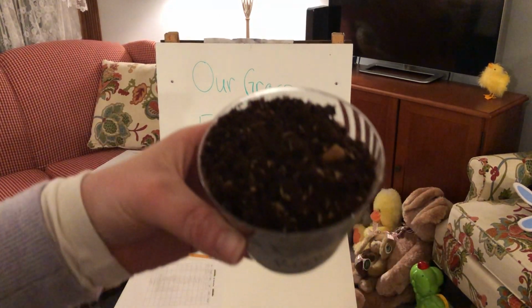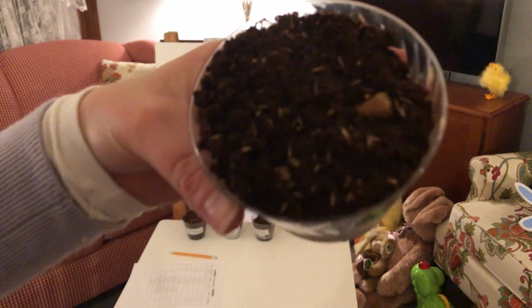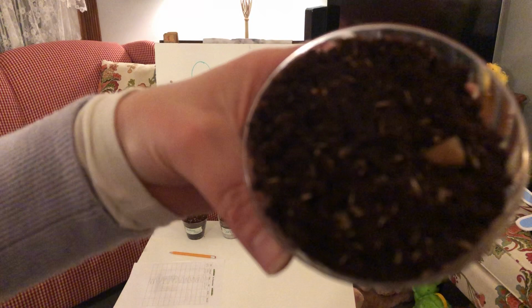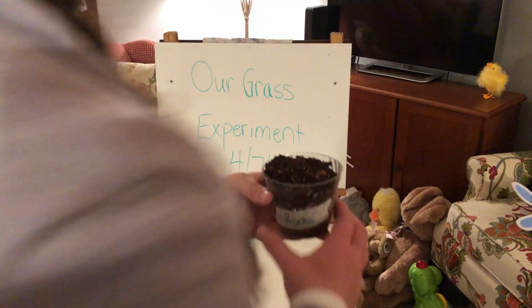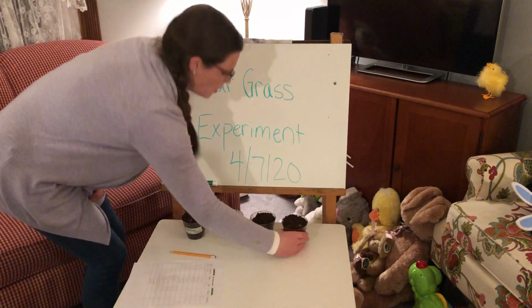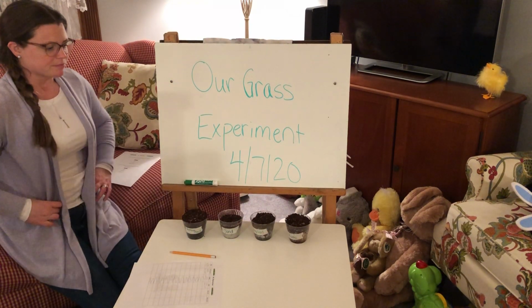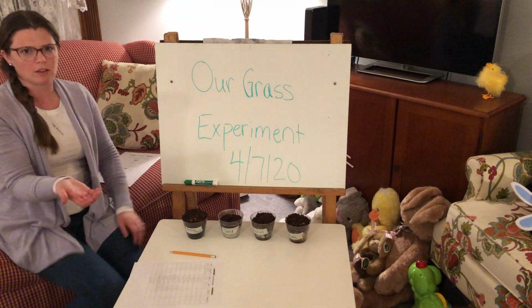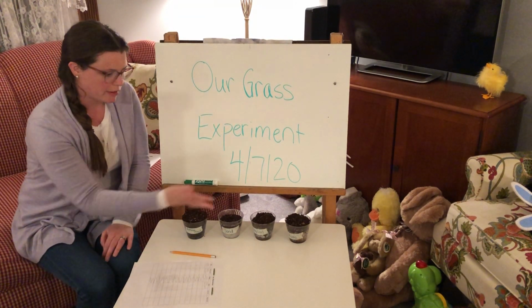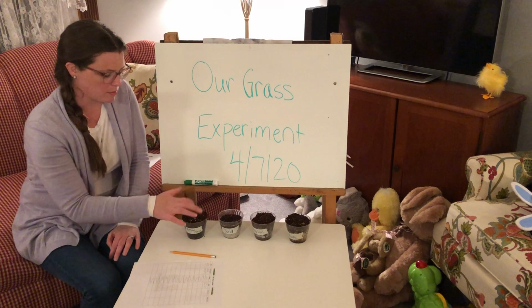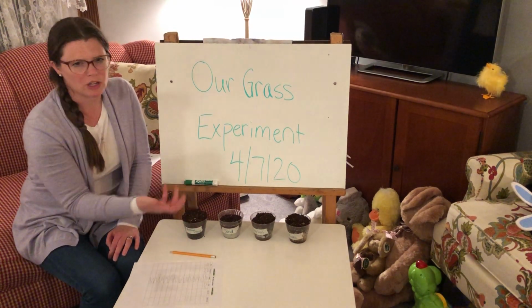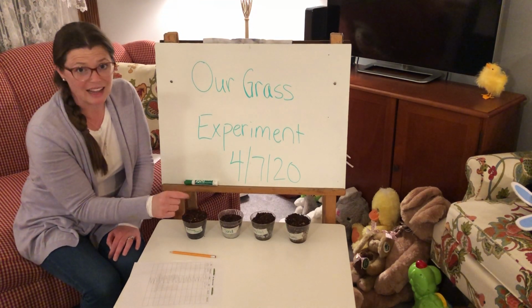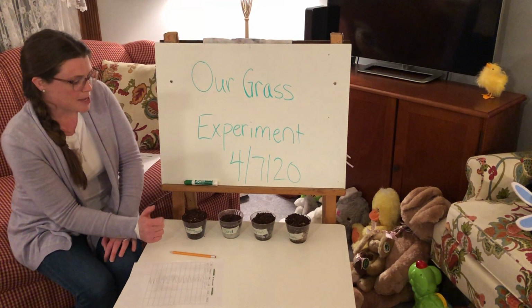So this is the rocky. That's an actual rock poking through. But the rest is just seeds and some dirt. For right now, for the most part, they all basically look the same. They all have the dark brown soil, or the mixture that comes with the grass seed. They all have the grass seed in them.